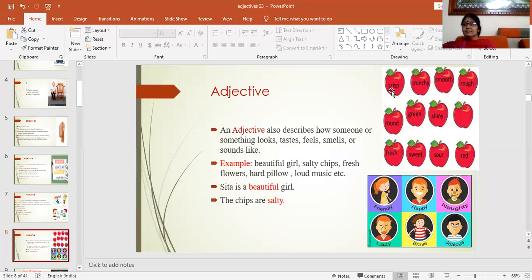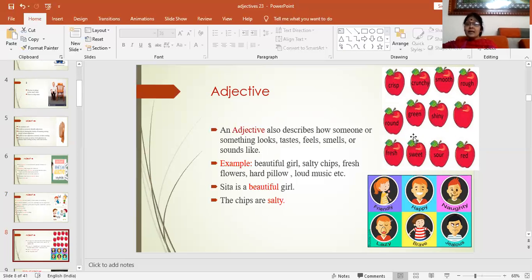Crispy apple, crunchy apple, round apple, green apple or red apple, shiny apple, or if it smells fresh, it tastes sweet, sour, color red, right?